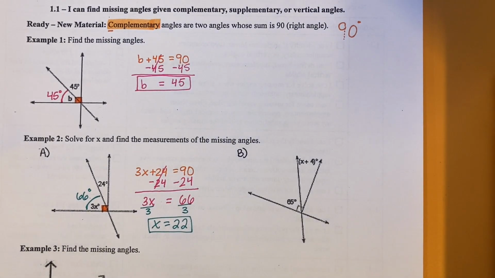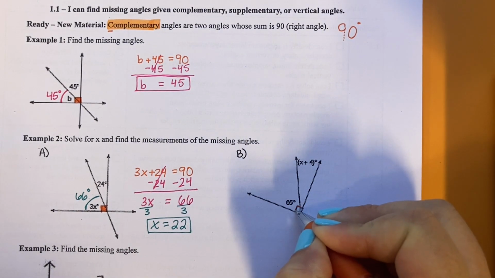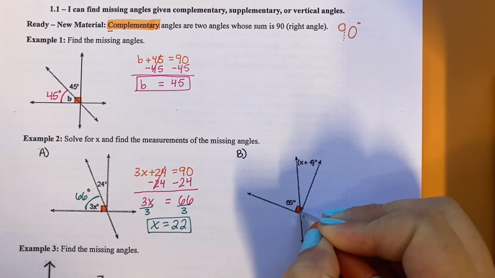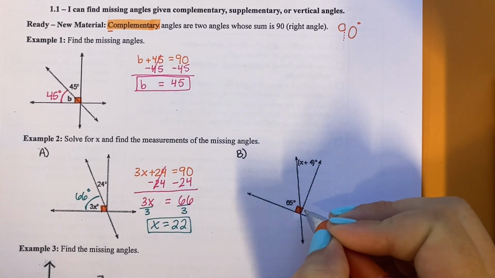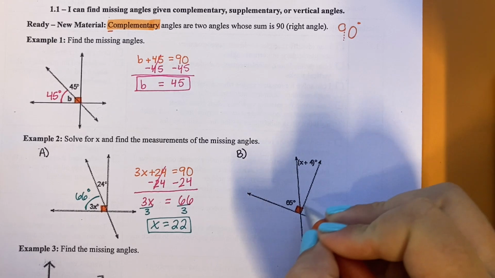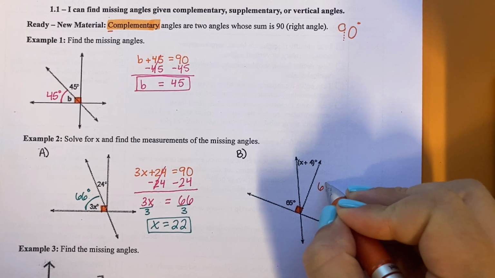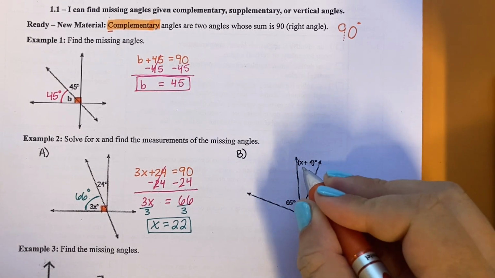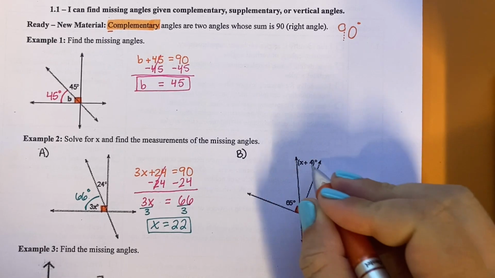Example 2, question B. I see this box. That box is a right angle, which makes 90 degrees. I have, looks like it's a 65 plus an x plus a 4.